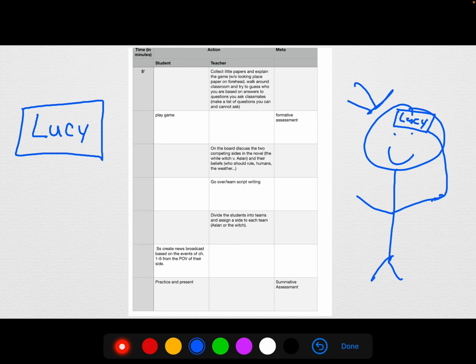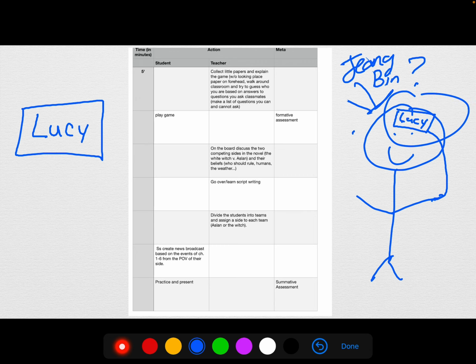This student does not know that Lucy is written on their paper. So here's how the game works. They walk around the classroom, and we'll say this is my student, Jongbin. Jongbin is trying to figure out who he is. He's Lucy, but he doesn't know.